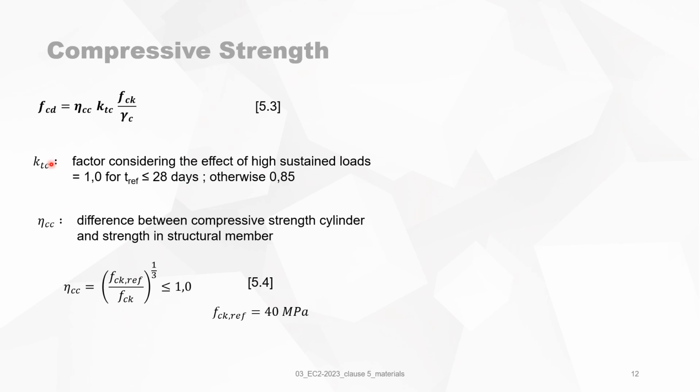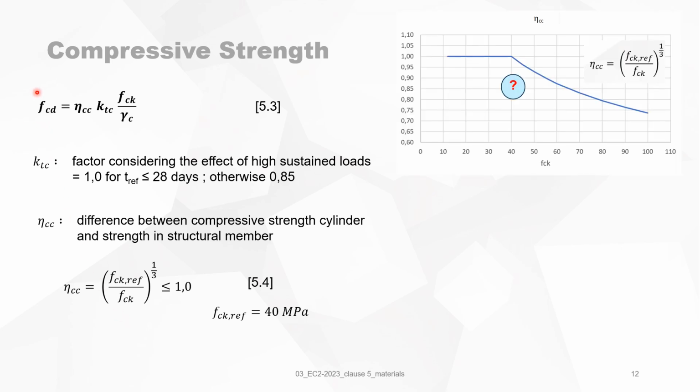So now looking at this eta_cc, you see here on the x-axis all the concrete grades from 12 to 100 megapascal, and on the y-axis eta_cc. You will see that for concrete quality smaller than 40, it's 1, so it does not count.